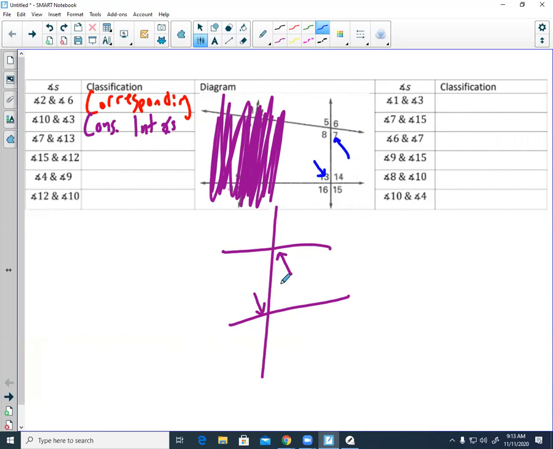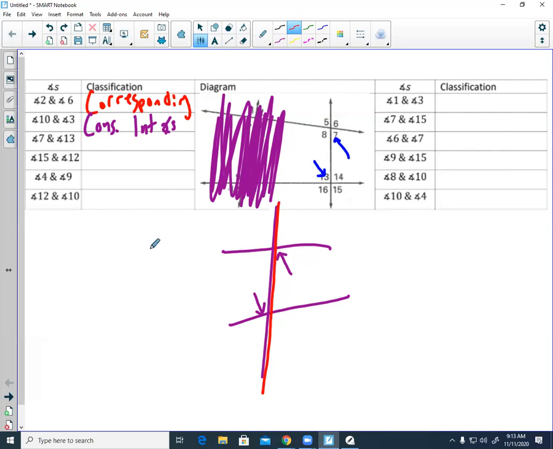Okay? So first off, the transversal. Transversal is the line that goes like this. Are my two arrows on the same side of the transversal, or are they on opposite sides of the transversal? Opposite sides. Good. So they're on opposite sides of the transversal.